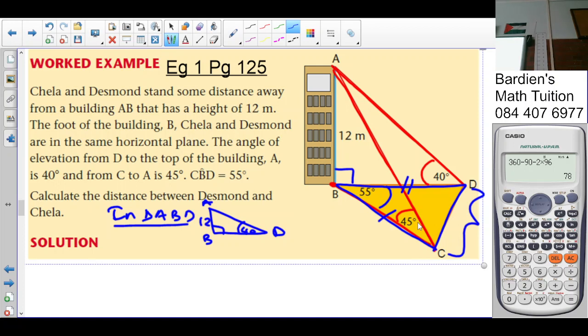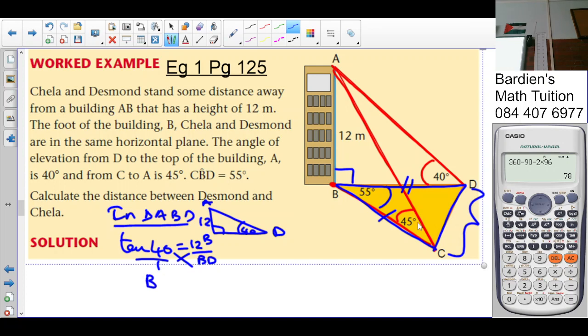I'm going to calculate BD by using opposite and adjacent, which is tan. So I say tan of 40 equals opposite, which is 12, over adjacent, which is BD. That's over 1, so I cross multiply.